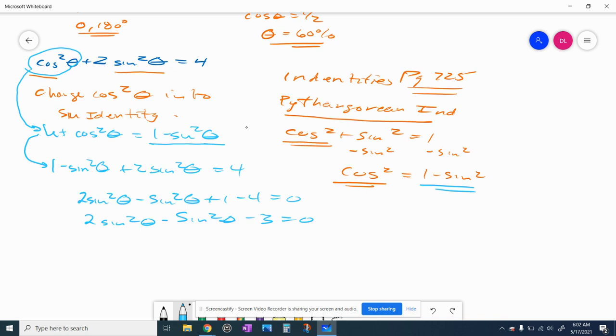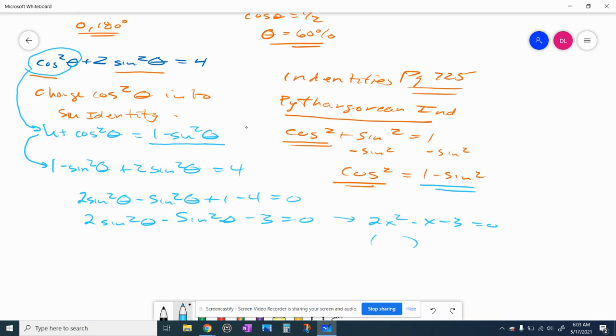Now we can treat this as a factorable problem. I can change my signs to x's, so I get 2x squared minus x minus 3 equals 0.